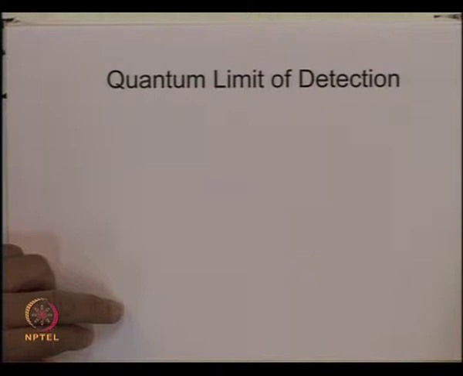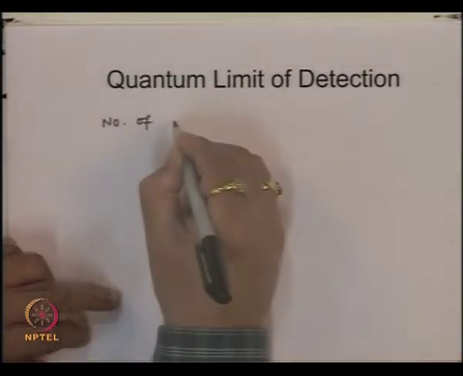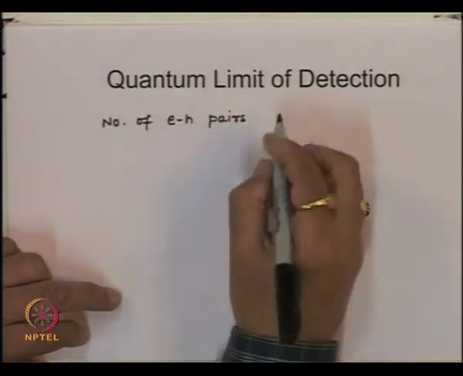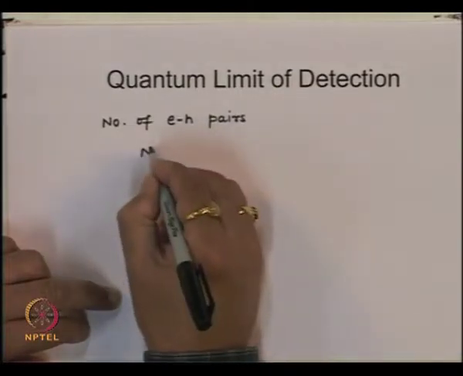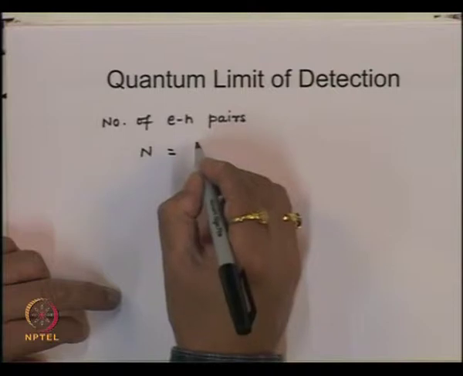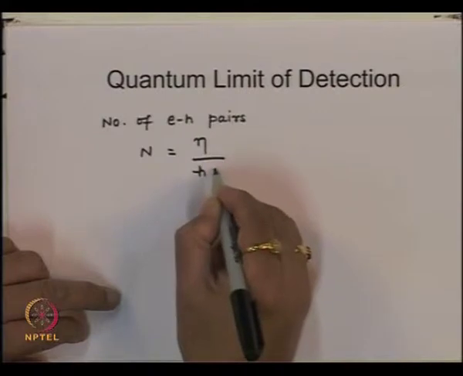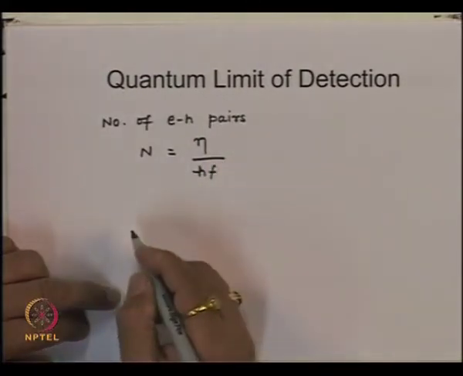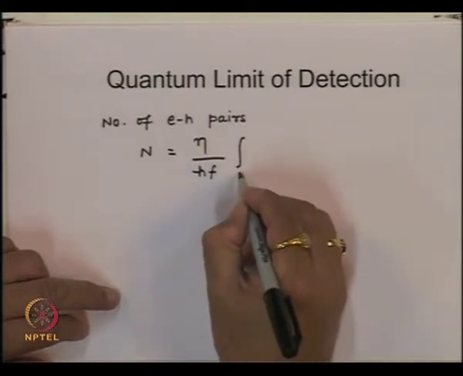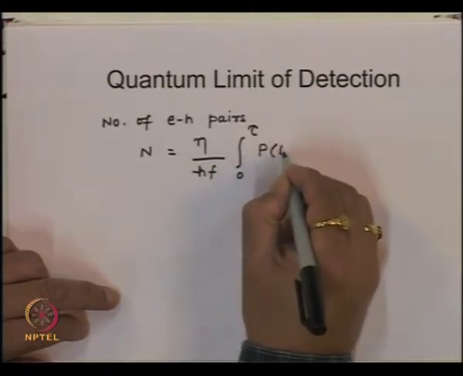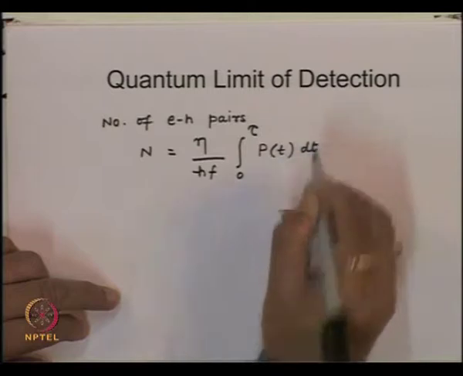So, we can say that if some power PT was transmitted during one bit, the number of electron hole pairs generated N is equal to some parameter which we call quantum efficiency divided by the energy of one photon, which is h into f, where f is the frequency of the photon, and you integrate the power over the bit duration, which is 0 to tau, and this is the power which you are getting as a function of time during the bit.